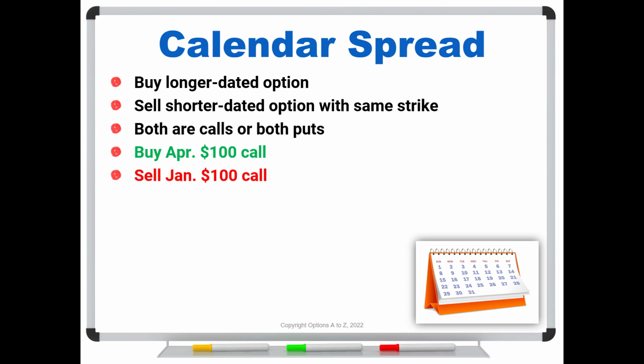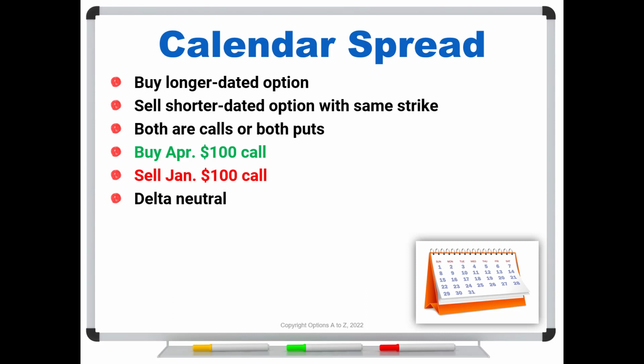So assuming that these are at the money options, which is usually how your calendar spreads are initiated, it's going to be delta neutral, or at least very close. And that's because the position that you own will have about 50 deltas. The one that you've sold will be minus 50. And so you want this position to sit still. That's the outlook for a calendar spread. Stock's currently at 100. We want it to sit relatively quiet.